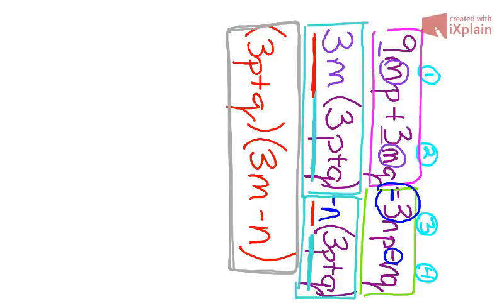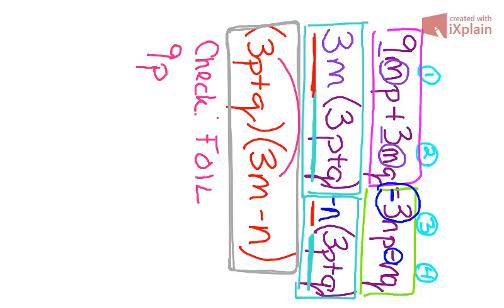If you want, you can do a quick check to make sure that you did this correctly. So we would FOIL that out, and that's going to give you 3p times 3m, so that's 9pm or 9mp.